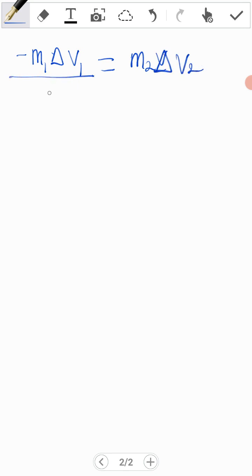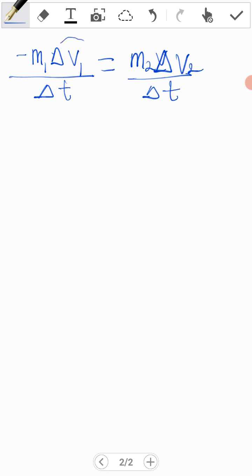So since we have that, let me write it here again: negative m1 change in velocity 1 is equal to m2 change in velocity 2. Now we said we'll divide them by change in time.